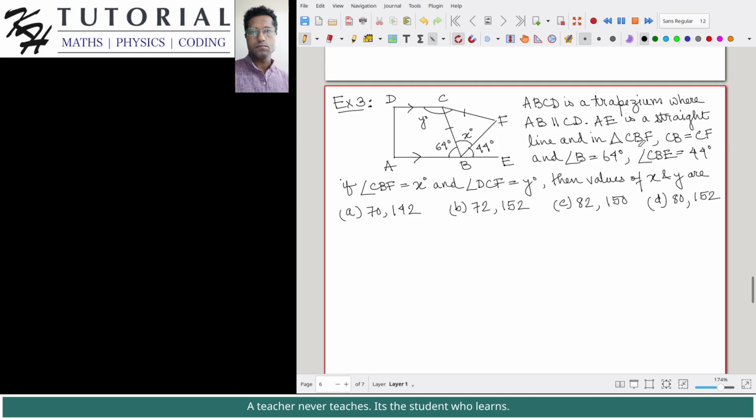It will not be angle CBE, but it will be FBE. FBE is 44 degree. Now it is saying if angle CBF is x degree and angle DCF is y degree, then the values of x and y.